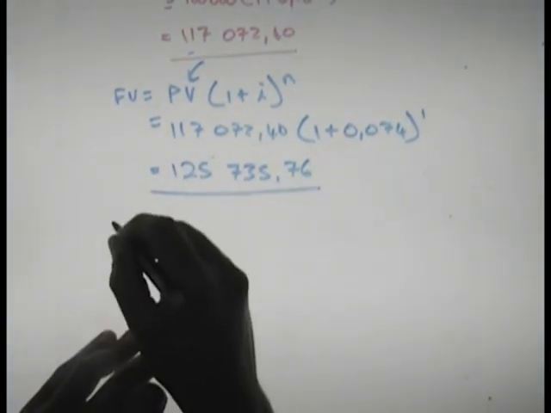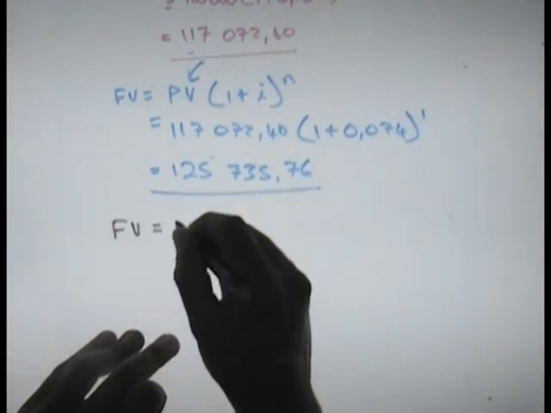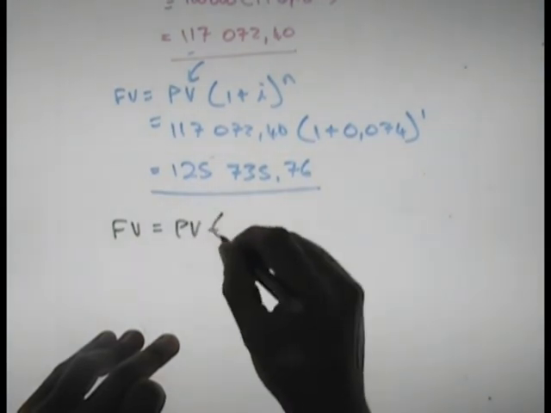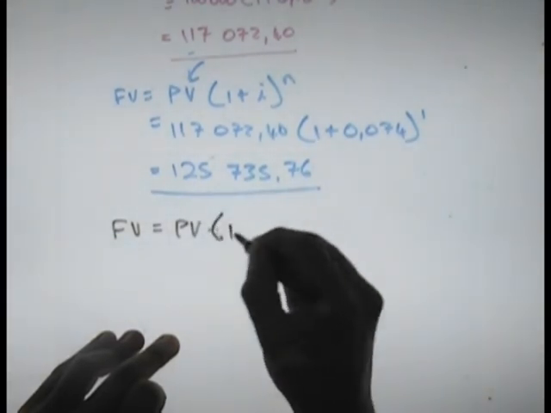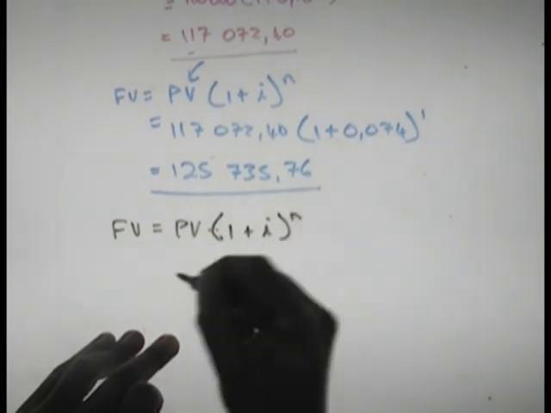For the next 3 years, again we are going to use future value is equal to present value multiplied by 1 plus i to the power n.